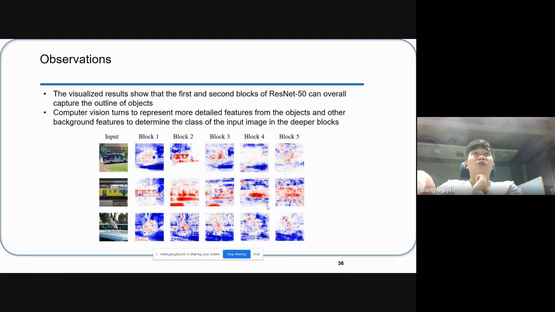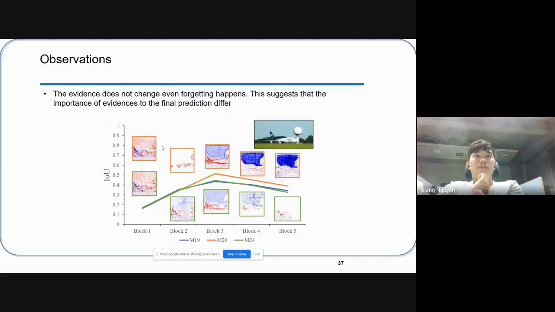And the observations: we have some findings in this research about catastrophic forgetting. So again, we can see the visualized results, so that in the first and second blocks of ResNet, it can overall capture the outline of the objects, and the computer vision turns to represent more detailed features from the objects and other background features. And the evidence does not change even when forgetting happens.